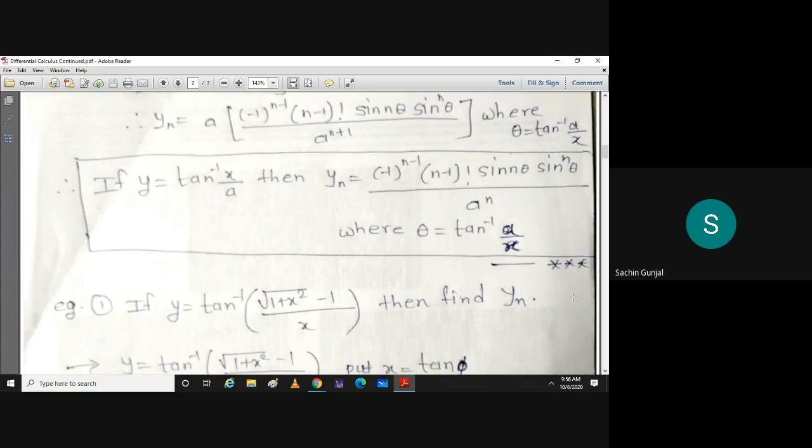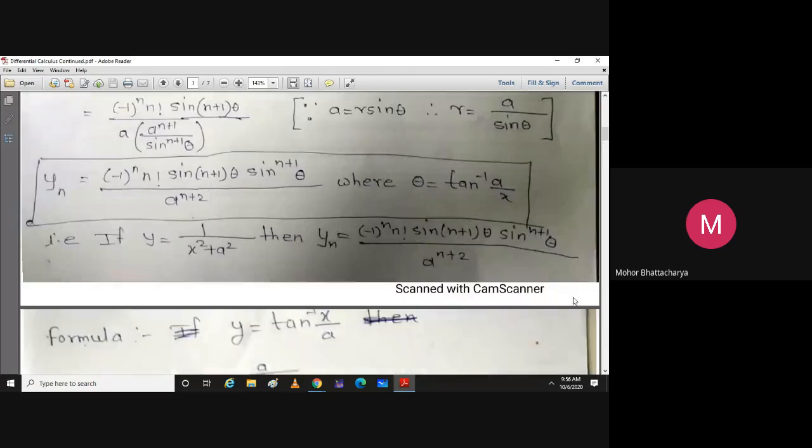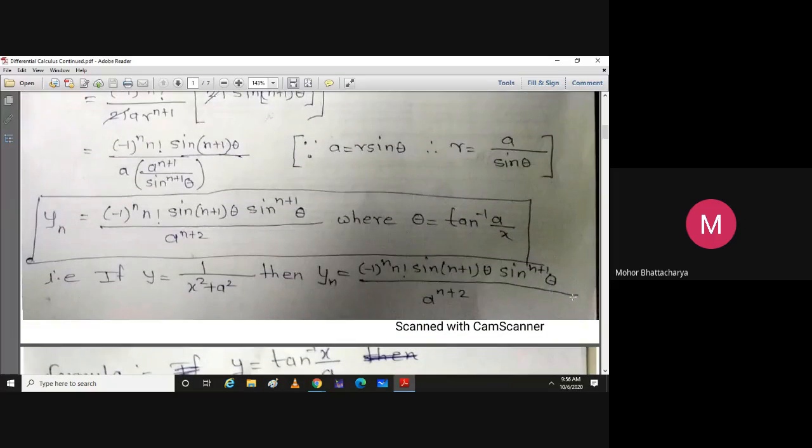Sir, can you show the previous page for just a second? Okay. Done.